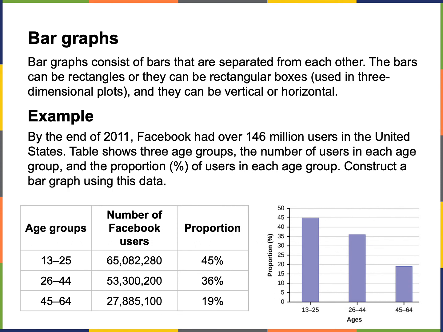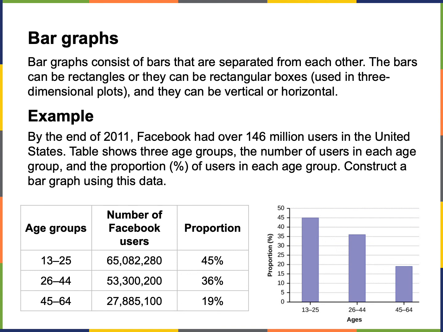And then up here, I could put either the number of users or the proportion. Sometimes the proportion is easier because you can just say, oh, 45% of them use this out of the total. See here, 45%, 36%, they're kind of aligned here. And then this one is 19%, right below the 20, okay?